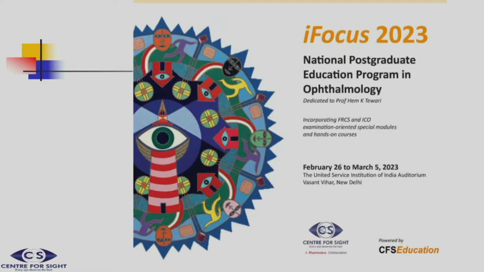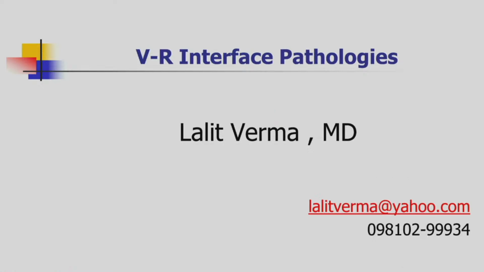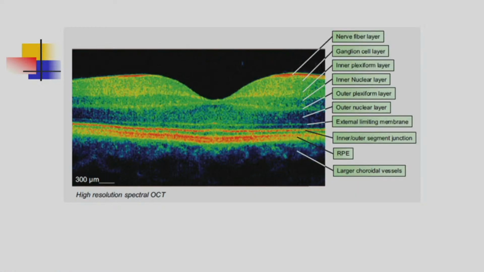So I'll talk something about VR interface disorders. And this is my favorite slide actually, because whenever any fellow comes, I always start with counting the layers of the OCT. A lot of people spell ophthalmology wrong, they always miss the H. OCT may be 10 layers, very difficult, everybody may not remember, so even if you know, I'll still read out.